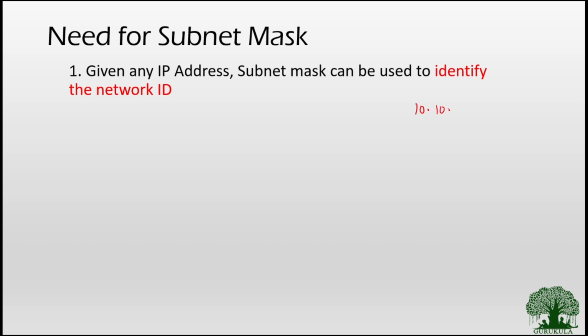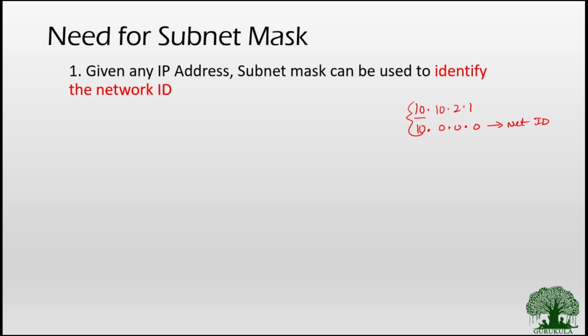For example, I have an IP address like this, 10.10.2.1. We very well know that this is class A, so the network part is kept constant, and the remaining parts I put as 0. So this represents the net ID of the given IP address. This explanation is valid only if no subnetting is performed.